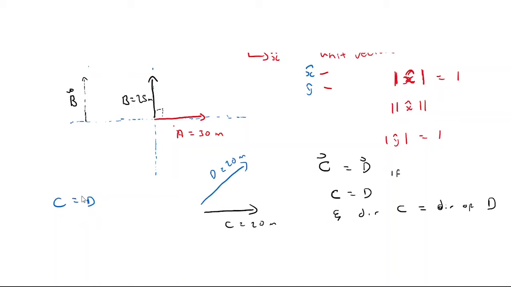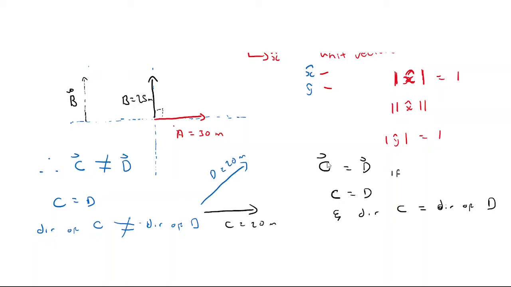So the magnitudes are equal, but the direction of C is not equal to the direction of D. So this is very important to understand. Therefore, since this is not the case, vector C is not equal to vector D.